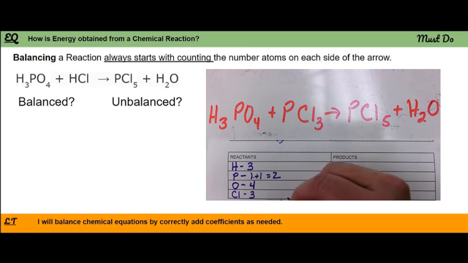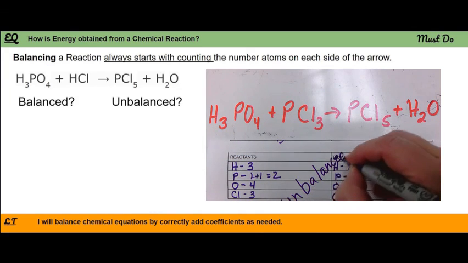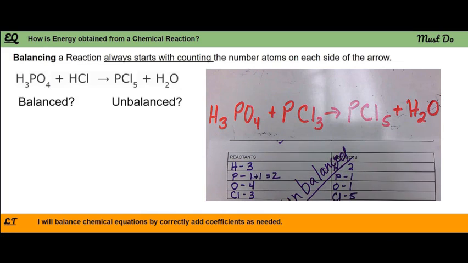So this one is unbalanced, because the 2 sides don't equal each other. So you should be prepared to count all of the atoms on both sides, the reactant side and the product side, and determine whether or not the equation is balanced or unbalanced.